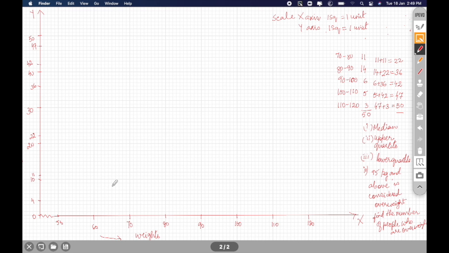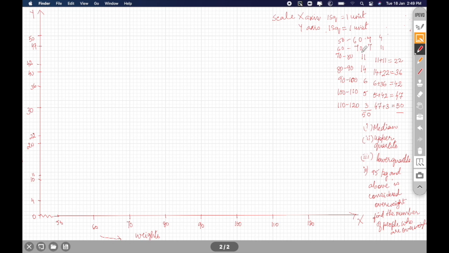Now we have to plot each of these upper class limits with their corresponding cumulative frequencies. So if you look into the first class interval that is given, it is 50 to 60, and the cumulative frequency was 4. Then it was given 60 to 70, and the cumulative frequency was 11.